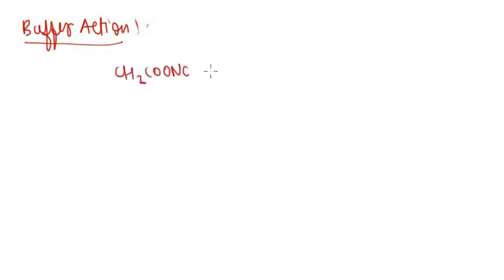So now we're going to talk about the buffer action, as I told you already. How does the buffer work? So let's talk about the action of the buffer. We have sodium acetate. It is a strong electrolyte. It will form acetate ion and NaOH.